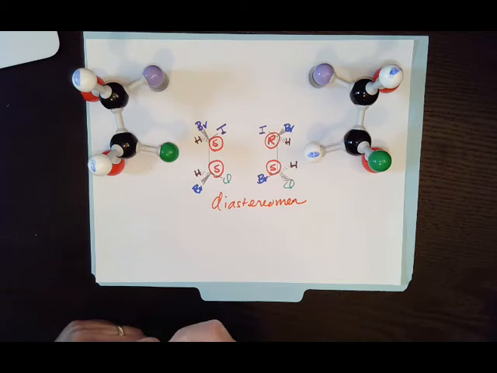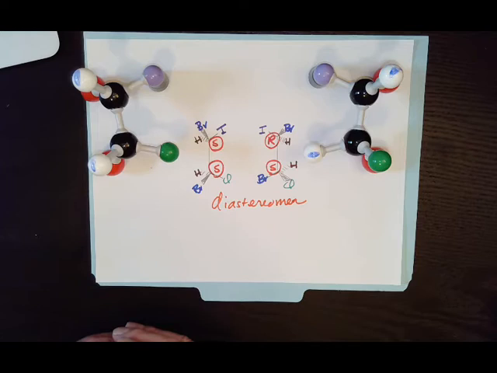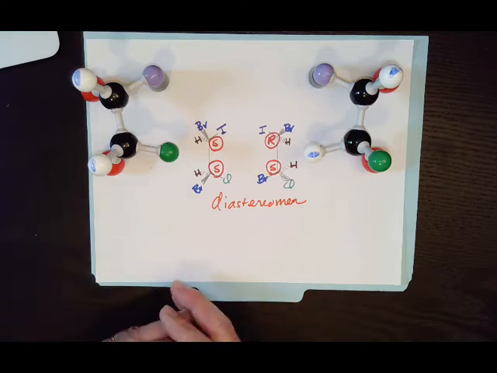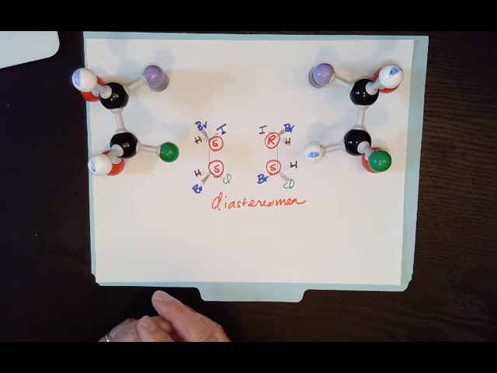They have different melting points, different boiling points, different physical properties, and smell definitely different. So we talk about diastereomers and we talk about enantiomers. Enantiomers are mirror images of each other. Diastereomers are not. They are very different molecules.